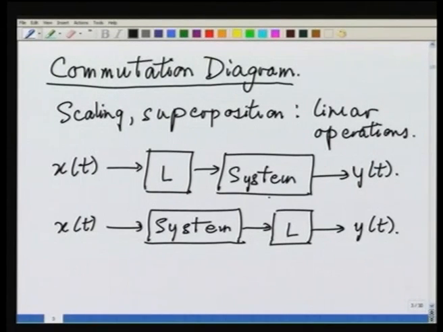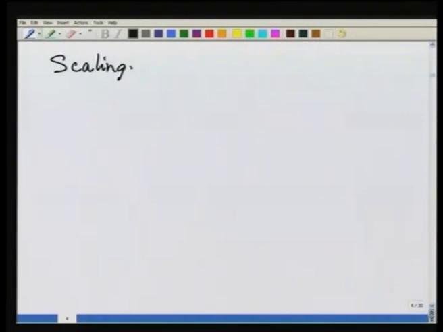Let us now discuss the commutation diagram. Here we make the diagram as follows: to first test for scaling, that is to test for homogeneity, let us apply x t and pass it through the system. It produces some output y t.